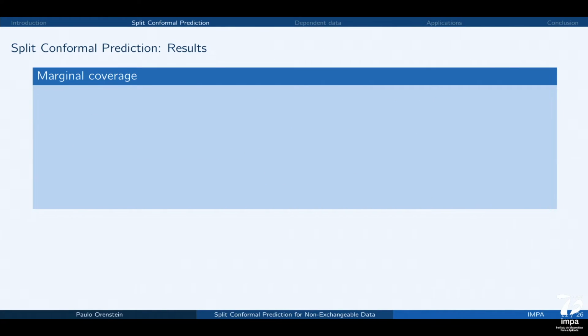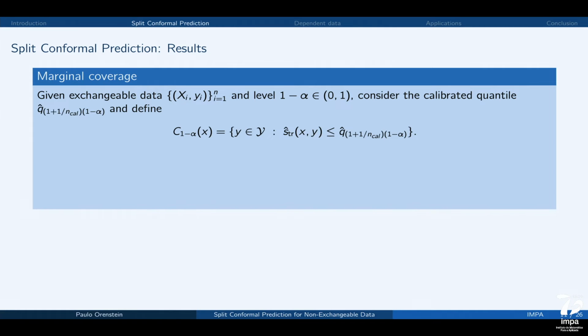It has to do with marginal coverage in the following sense. Given exchangeable data, x_i, y_i, and a level 1 minus alpha, I'm going to consider the calibrated quantile that we've just defined and take C 1 minus alpha to be what we just talked about. Same as before. Then I can guarantee that for any single test data point that I haven't seen yet, the probability that the true volume, y_k, is in my set, C 1 minus alpha, is bigger than 1 minus alpha.